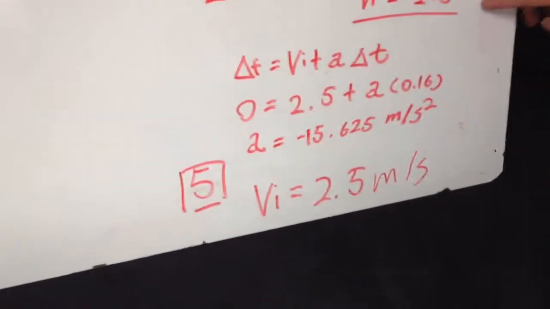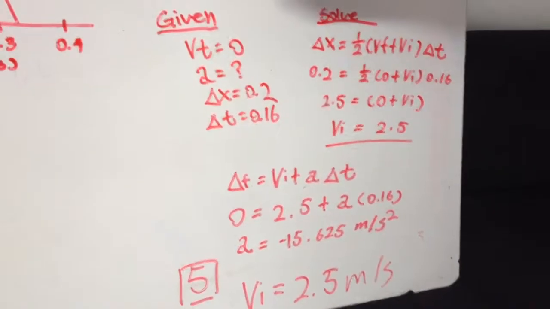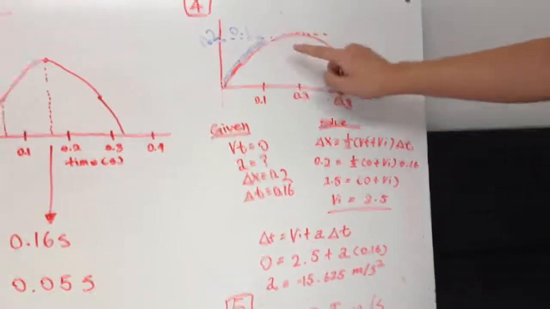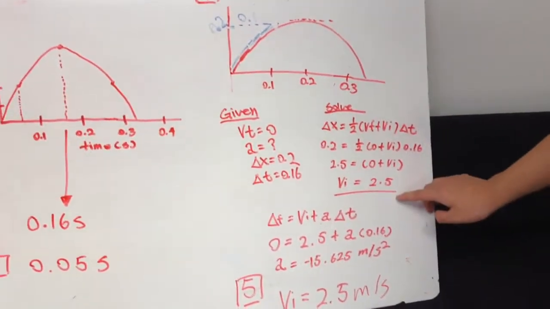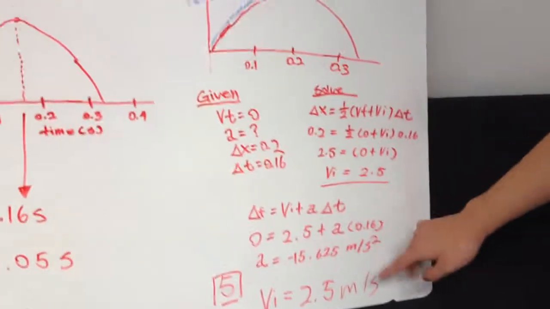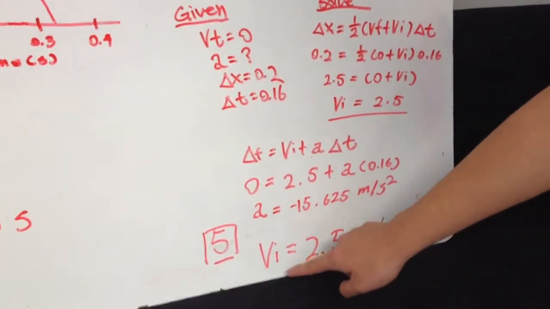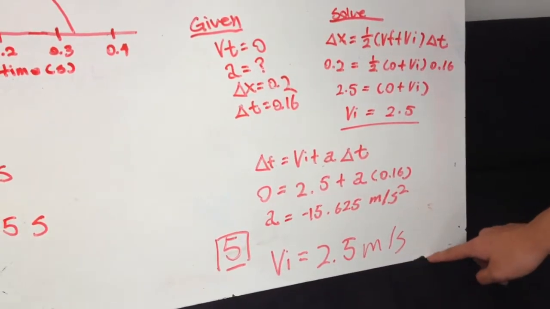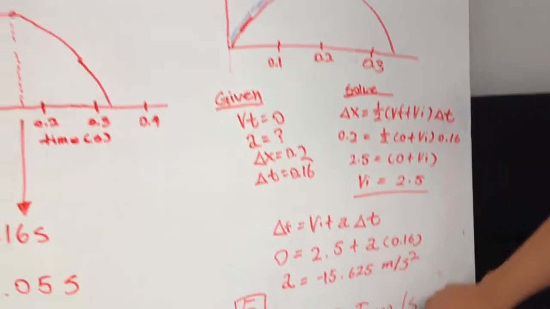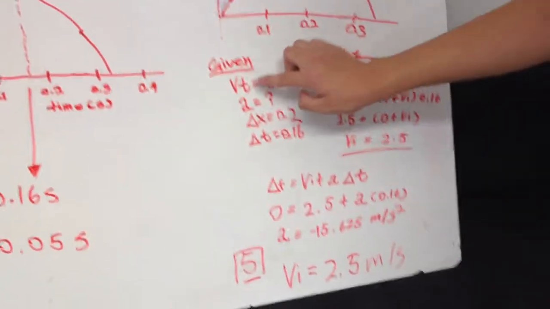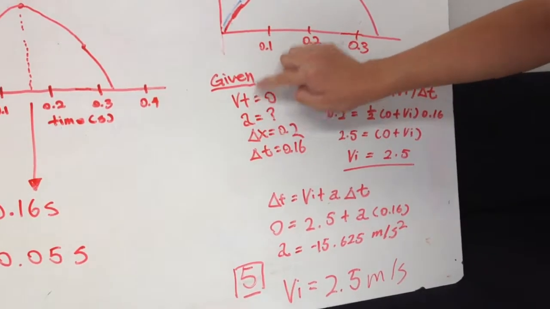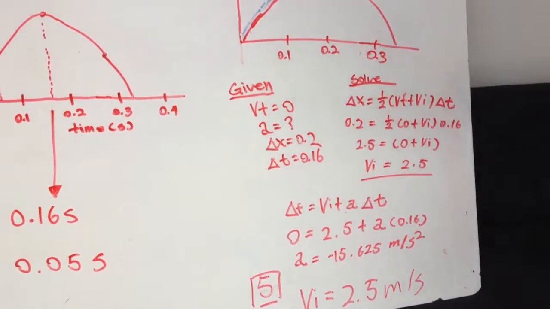And since we already found the initial velocity up here, we already know that it's 2.5, so that's exactly what number 5 is asking for. The velocity, how it started, so it will be 2.5 meters per second, and I think this should be a f, not a t. Sorry.